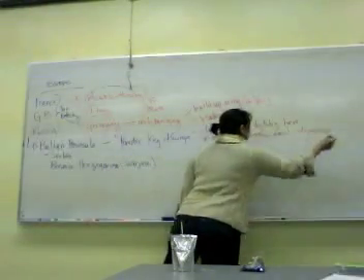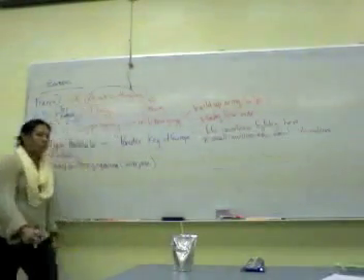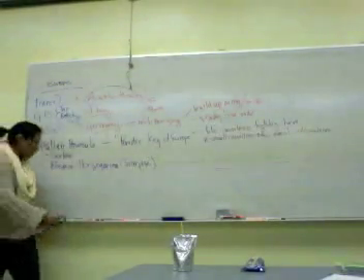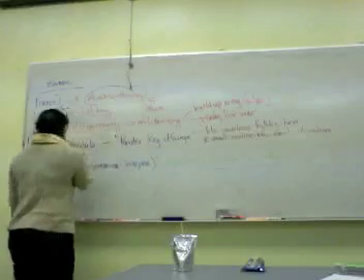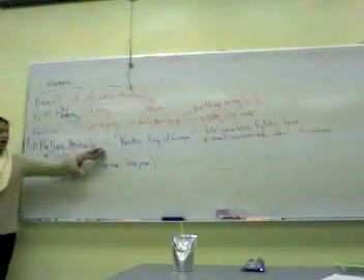What's one example of a small country that wanted independence in this area? Anyone? Serbia. Hey, Serbia right here is a small country that wanted independence in the Powder Keg of Europe.